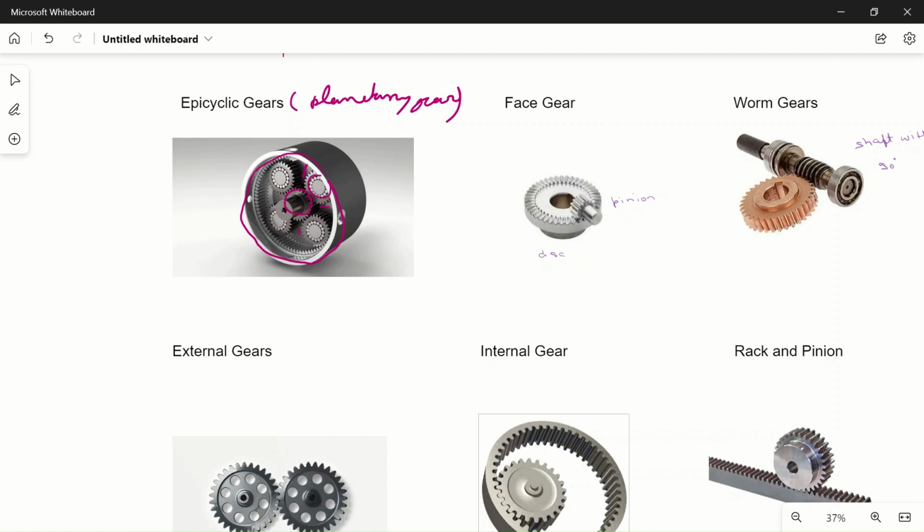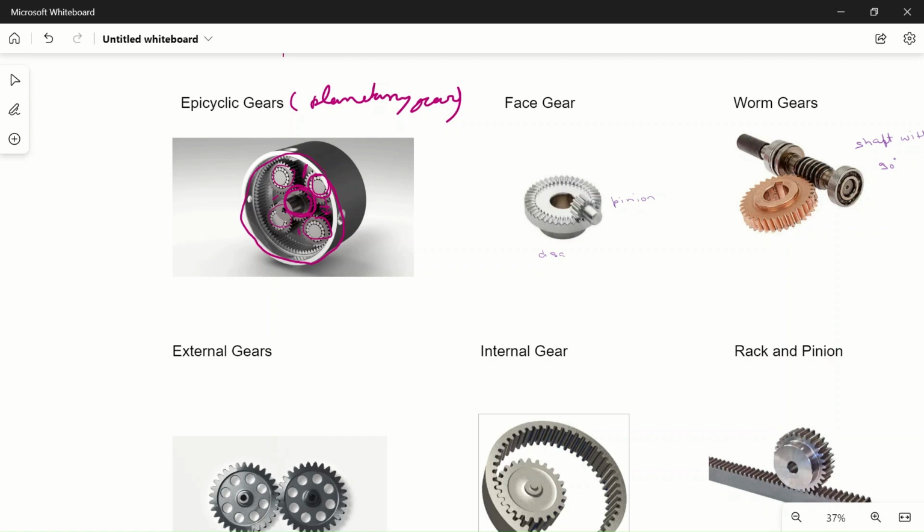This is the arm, they are connected with arms, and these gears will rotate around this gear. So this is called the sun gear, and these are called planet gears, and they will rotate around the sun gear. So this is called epicyclic or planetary gear.